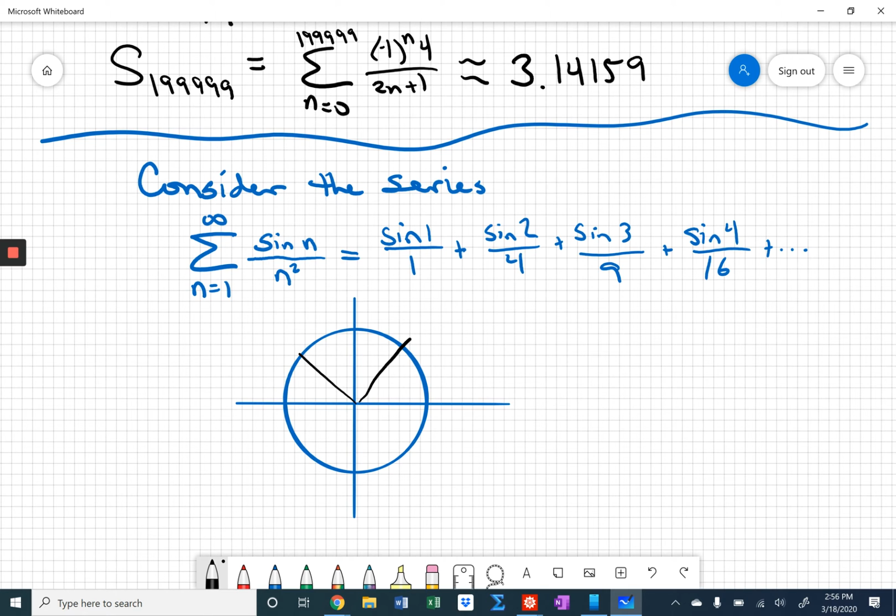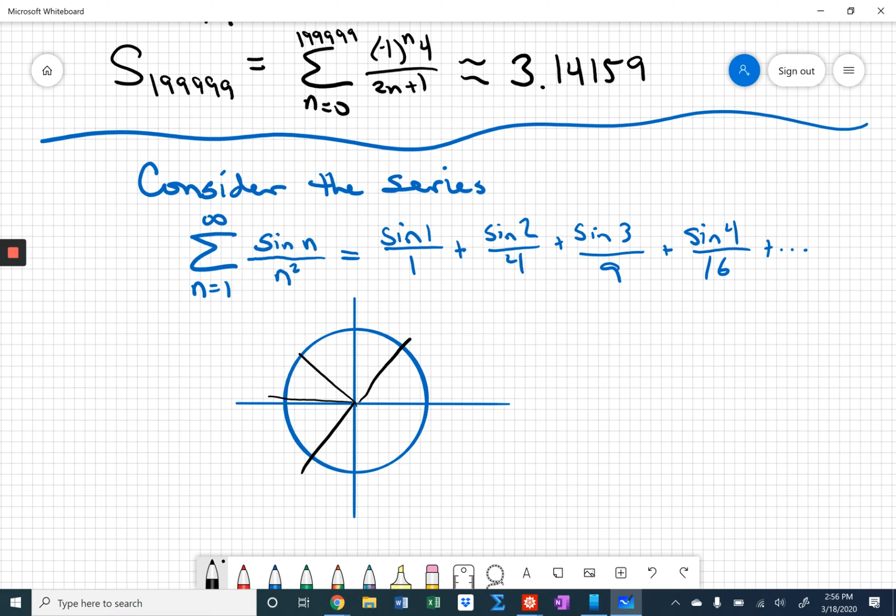Sine of 3 radians is almost pi radians. Of course, pi radians is 3.14159 and so forth. And so 3 radians is over here somewhere. I might be a little too close to the horizontal axis, but I'm not measuring, I'm just trying to give you the sense. So that's still positive. 4 radians is down over here somewhere, and now we have a negative.